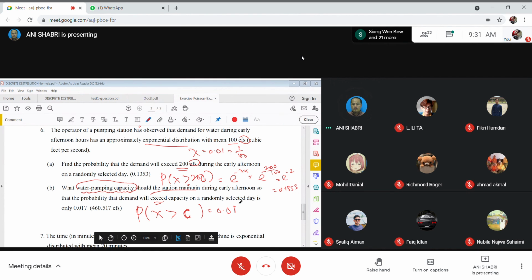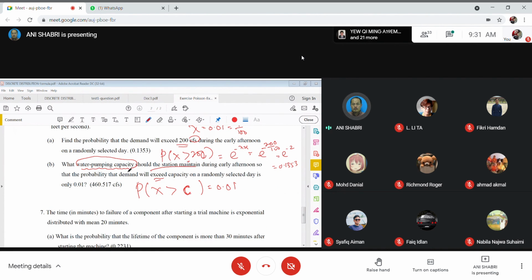Okay, this one is an exponential distribution. What is the formula? P of X greater than C is equal to e to the minus lambda x, with x being C. And we want to find the value of C. Lambda C, it is equal to 0.01. If the symbol is greater, you can go straightforward like this.